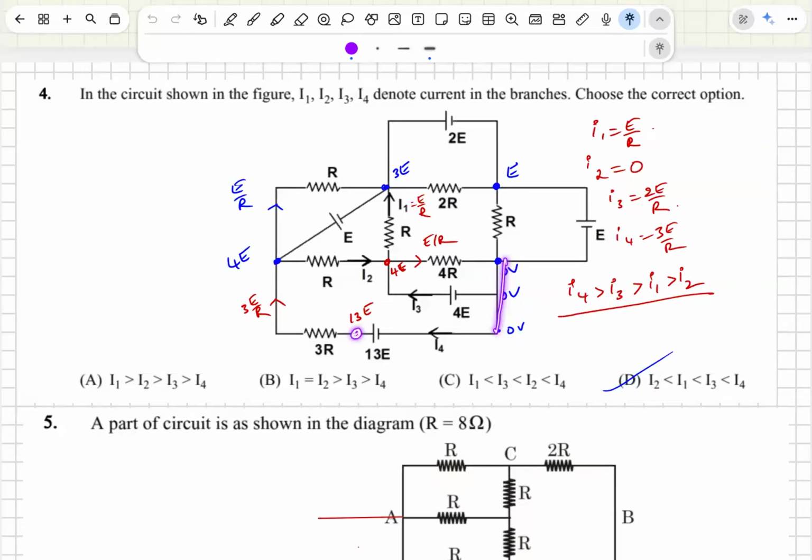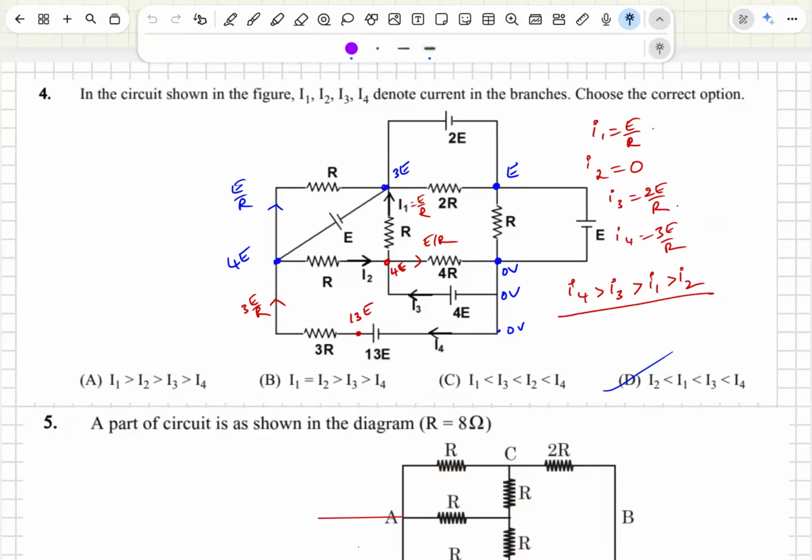If this is 13E and you said this is 4E, I didn't do any mistake. This is 4E, this is 13E, the difference is 9E. 9E by 3R will become 3E by R. So I got one more current, which is I4. I4 is 3E by R.